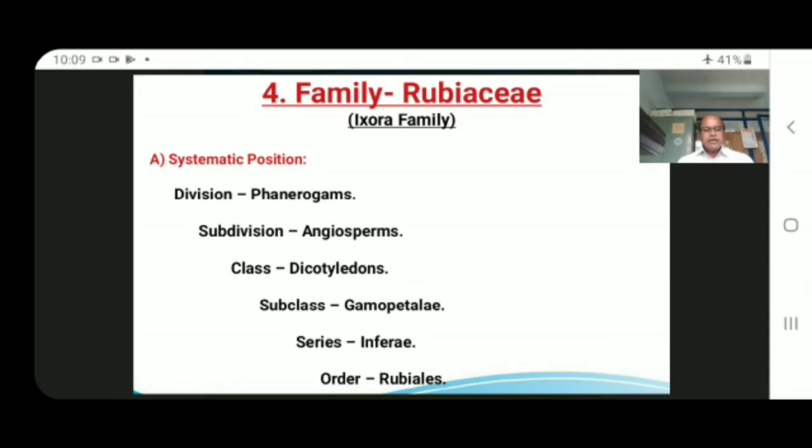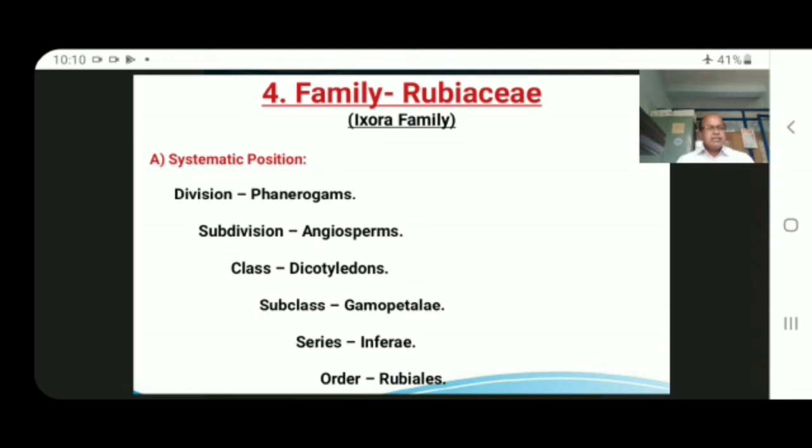This family has a systematic position as follows: division Phanerogams, subdivision Angiosperm, class Dicotyledon, subclass Gamopetalae, series Inferae, order Rubiales, and family Rubiaceae.